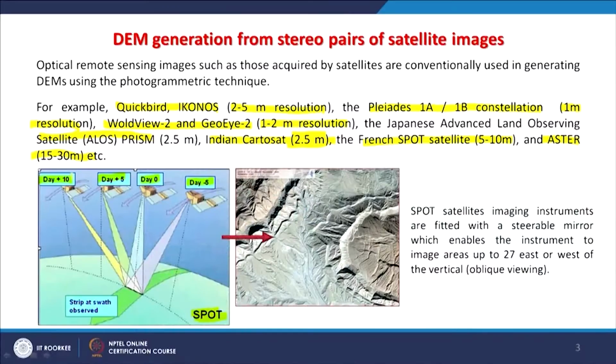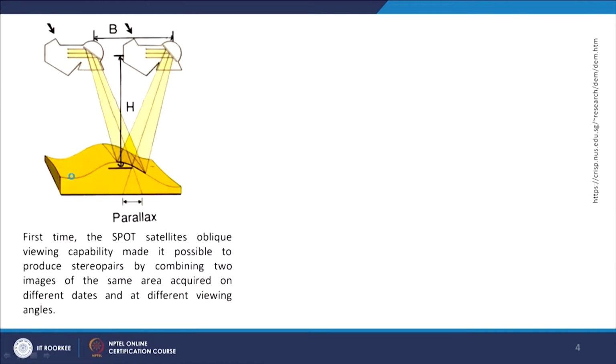And once you have good stereo pairs without any cloud cover differences between two photographs, it becomes much easier to generate a digital elevation model. And this is what you see on the right side: this is how digital elevation models can be generated employing this technique.